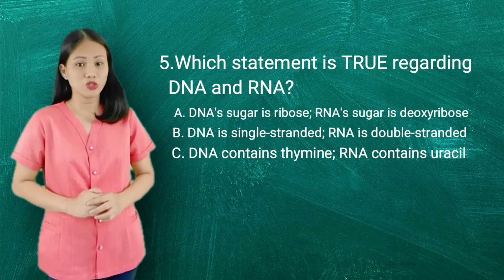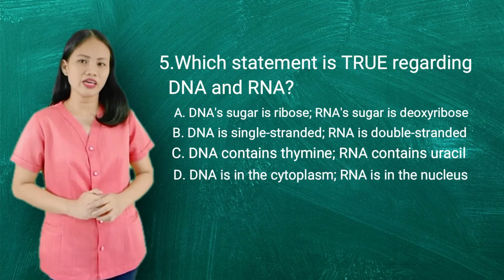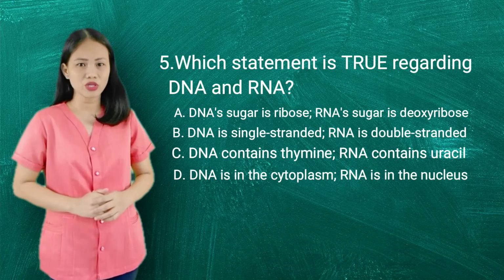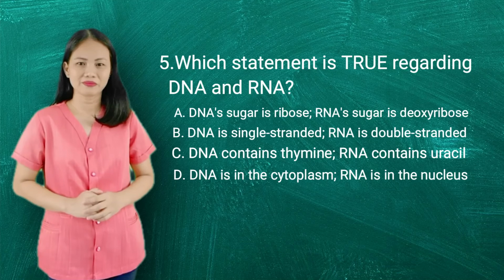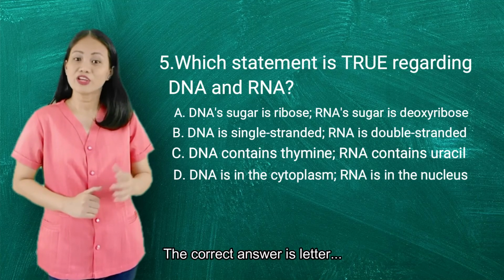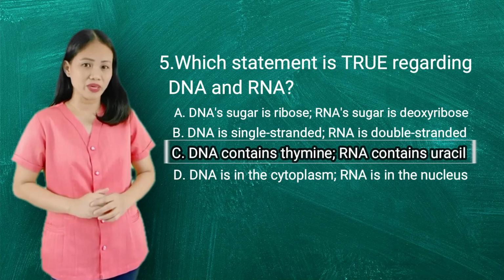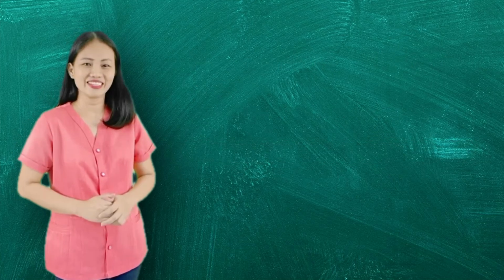RNA contains uracil. Letter D. DNA is in cytoplasm. RNA is in the nucleus. The correct answer is letter C. DNA contains thymine. RNA contains uracil. Keep it up!